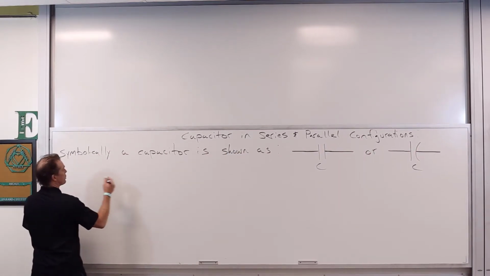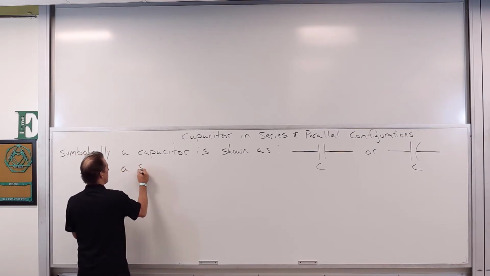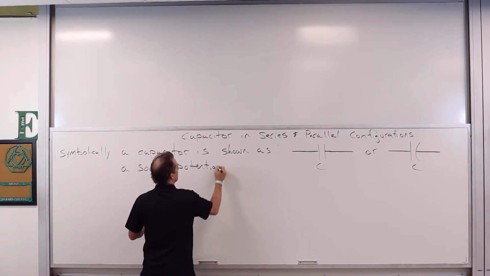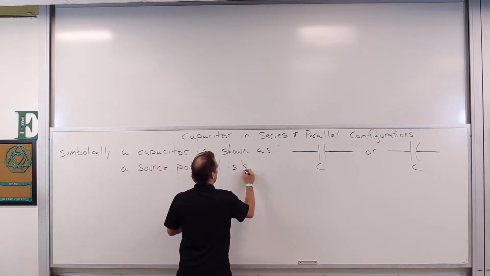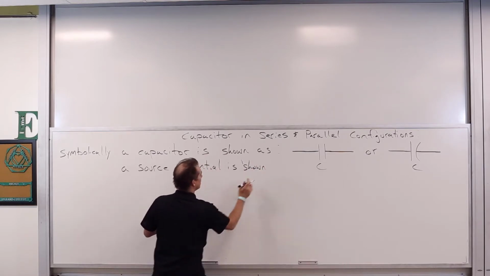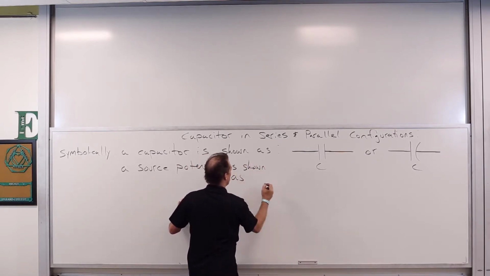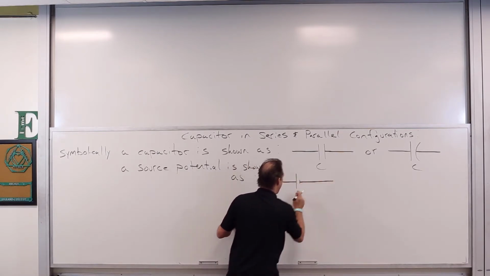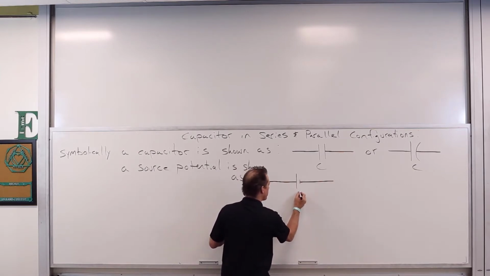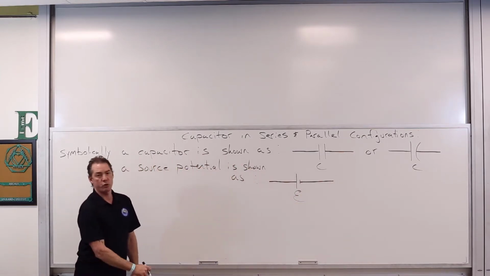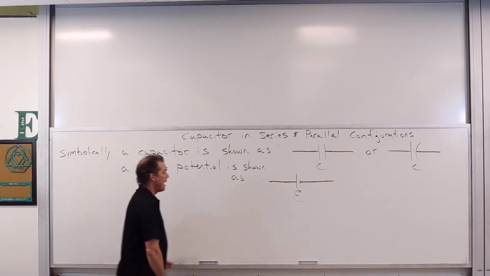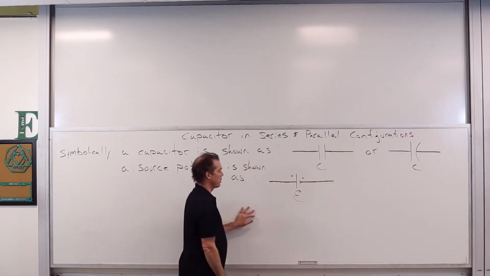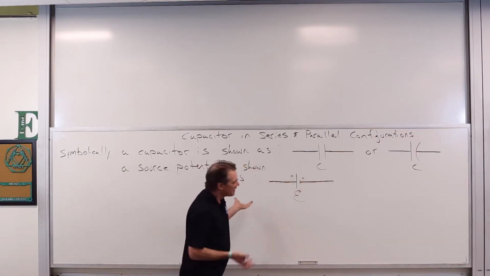And then we've also got a source potential, shown as we got a big bar, little bar, and for source potentials we'll use that script E to show its voltage, and the big bar here is the positive terminal, the little bar is the negative terminal of the battery or the power supply.